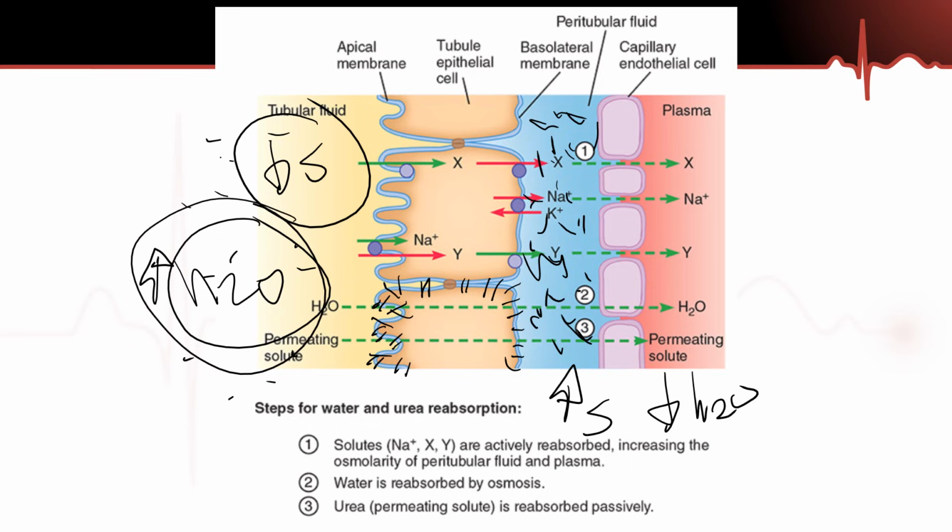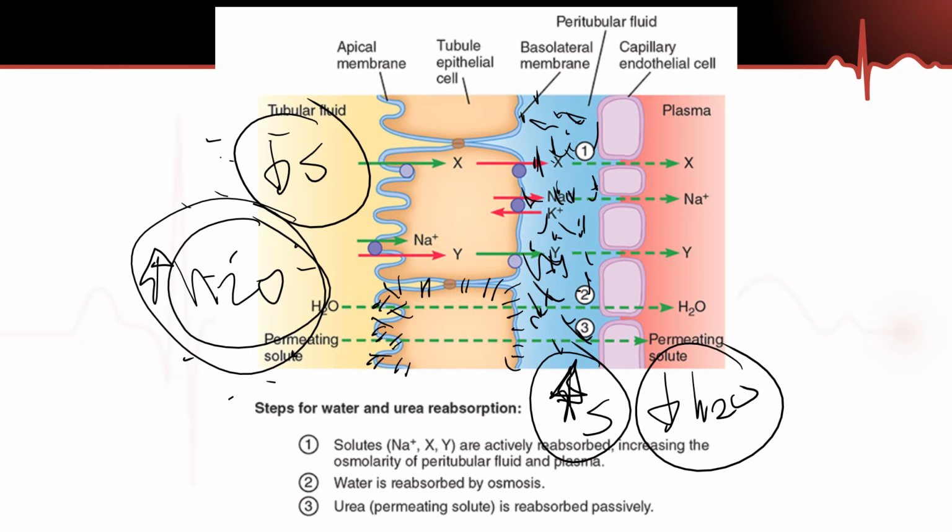And within the peritubular or interstitial fluid, as more and more molecules and ions move in, the solute concentration just keeps rising. And as the solute concentration rises, the water concentration falls.